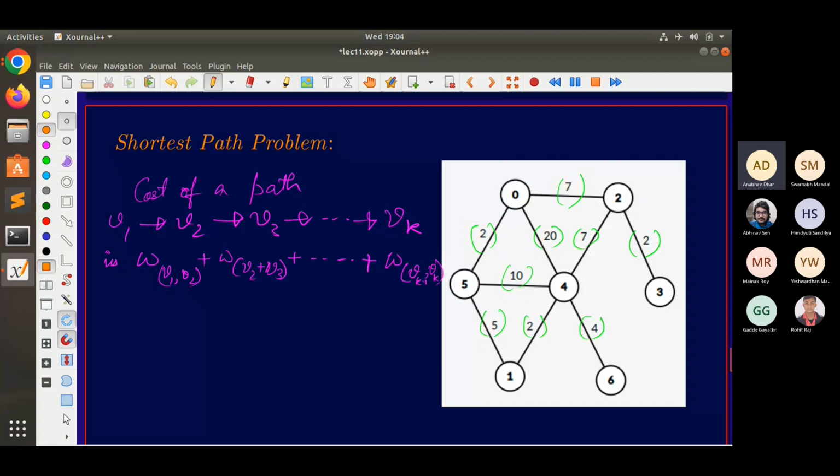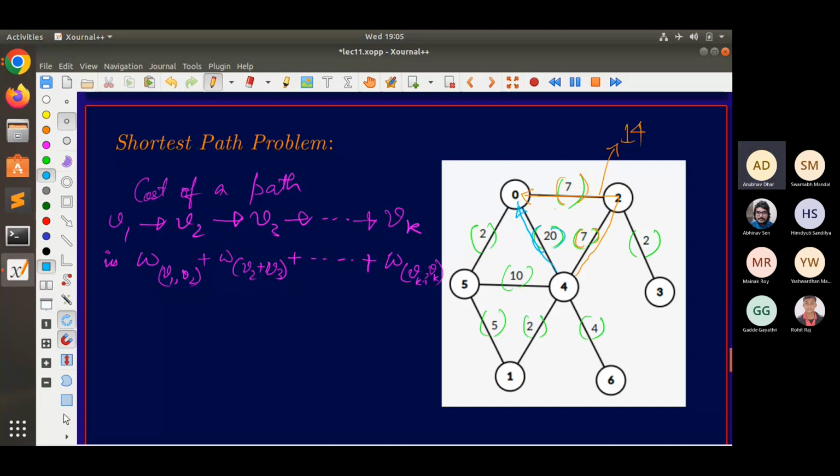In problem statements, they will ask you the minimum cost that you need to travel from city 4 to city, let's say, 0. So how does it look? We can have a path from 4 to 2, then 2 to 0. This will be of cost 14, right? Because 7 and 7. Again, you can have a direct path from 4 to 0.